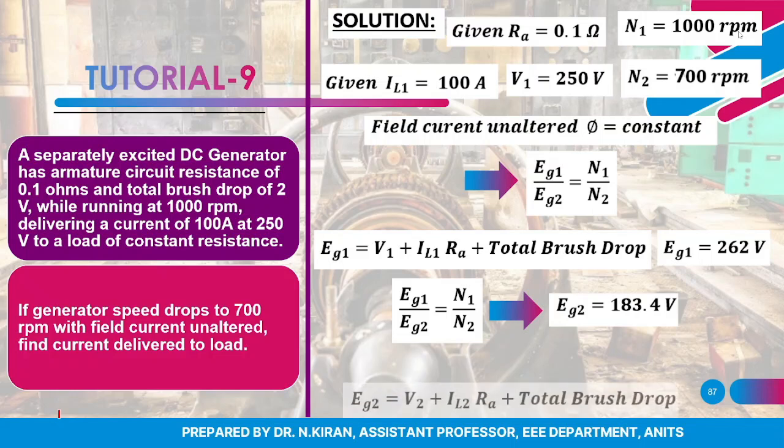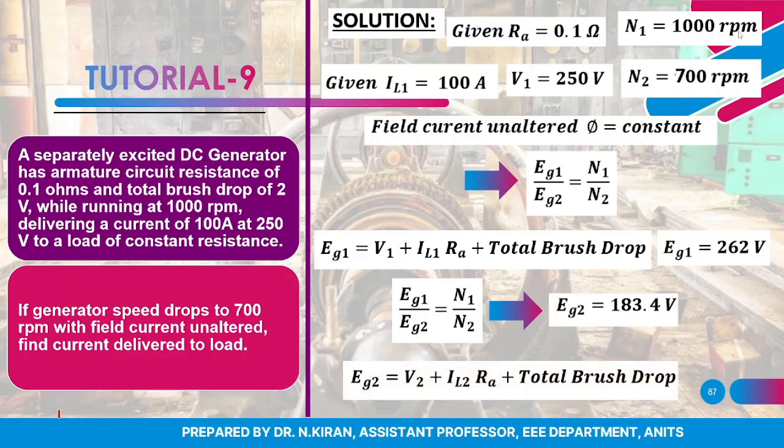Here one needs to remember that it is given that RPM has dropped to 700 RPM, field current is unaltered, and the load is of constant resistance. Keep in mind these three data that are given in the tutorial. Since we have found the Eg2 value, we know the formula: Eg2 is V2 plus IL2 RA plus total brush drop.